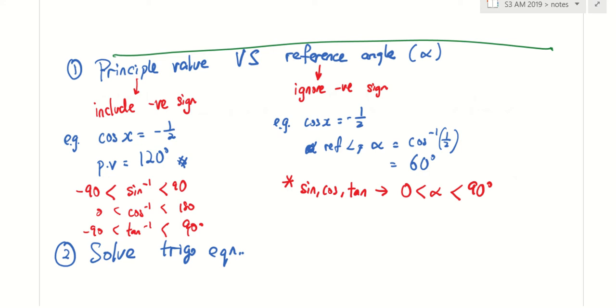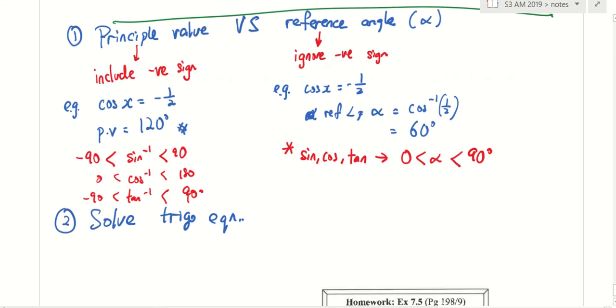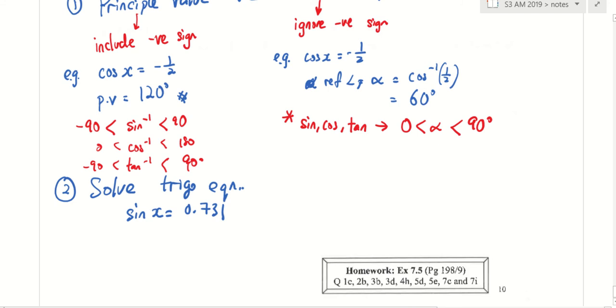Sin x equals 0.731. So I write down sin x equals 0.731. Okay. Now, I'm going to write out three key statements here to help you do all solving of trigo equation. Okay, so let's start.